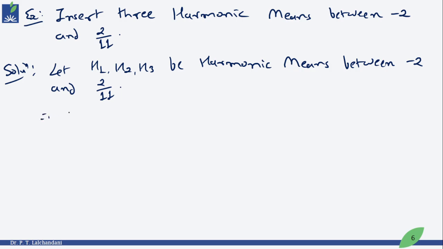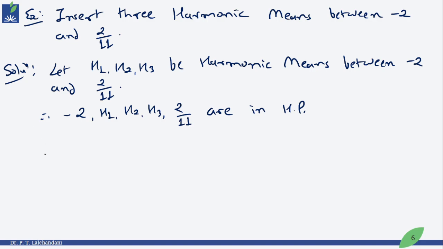By definition, therefore, -2, h1, h2, h3, 2 by 11 are in harmonic progression. By definition of harmonic means, -2, h1, h2, h3, 2 upon 11 will be in harmonic progression. So these numbers are in harmonic progression.